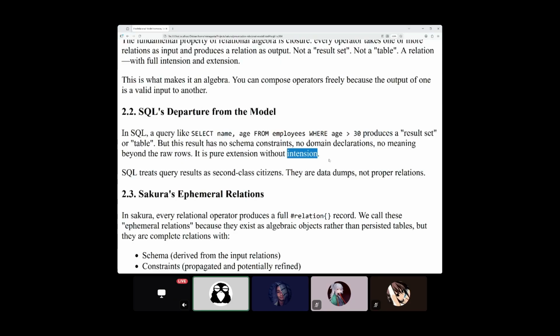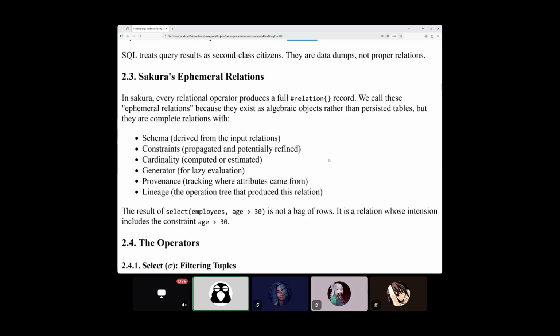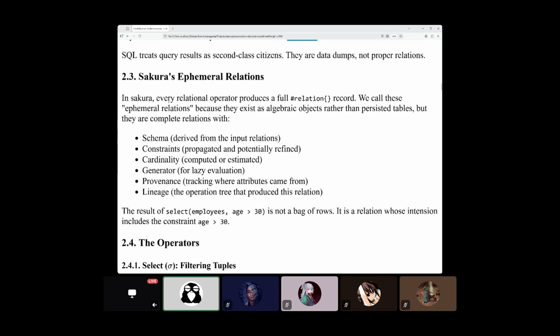And then Sakura, which I might introduce later. Sakura is our relational algebra engine, and every operator in it essentially produces an actual relation. So we treat all relations in there equally. You can bet that every manipulation you can make in Sakura will result in a relation that you can also manipulate equally.